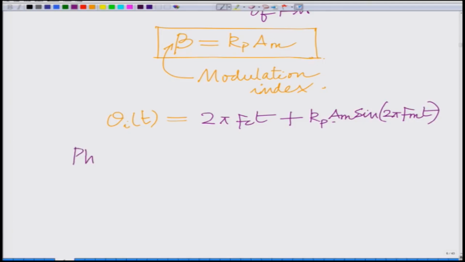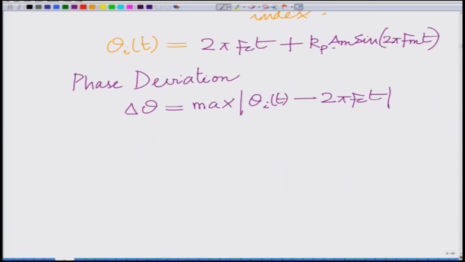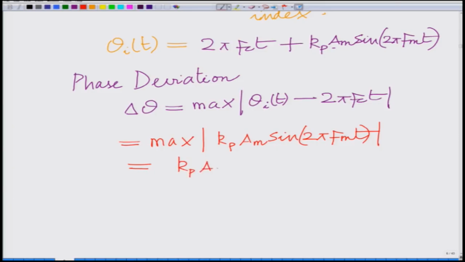Now, phase deviation delta theta equals the maximum magnitude of theta_i(t) minus 2 pi f_c t, which is the maximum of, substituting, k_p A_m sin 2 pi f_m t, which is equal to k_p A_m.